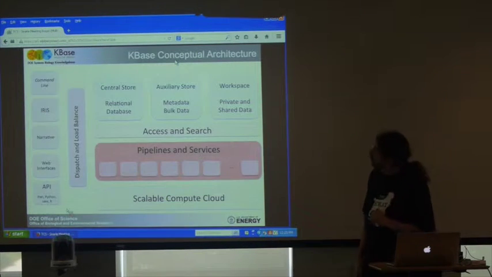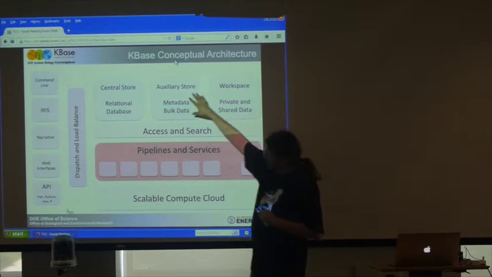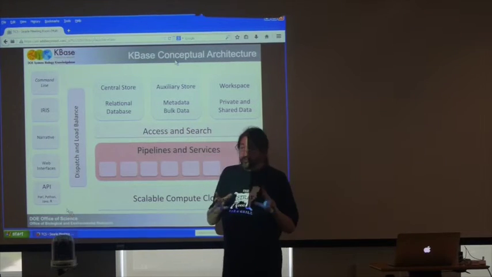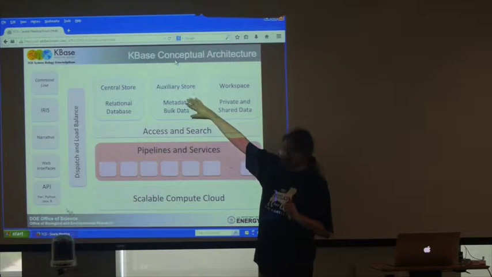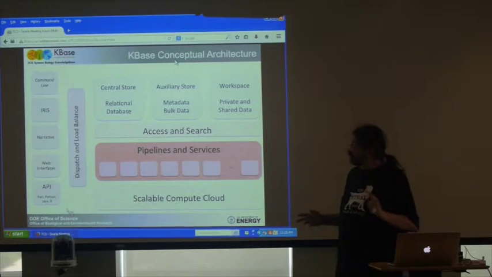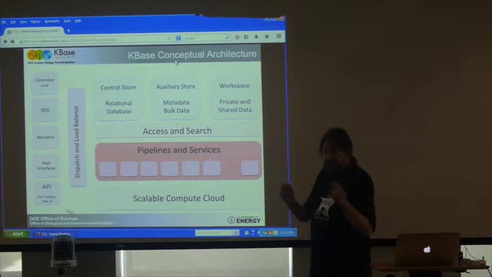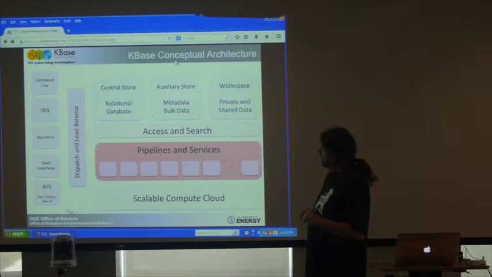Right? And roughly it looks something like this. There are these different database types depending on the type of data. So we have relational databases for highly structured data. We have what we call an auxiliary store or bulk store for really, really large things like data sets that might be terabyte sized. You don't want to shove those in a relational database. You want to shove up the metadata in the relational database and the big data in a big file system.